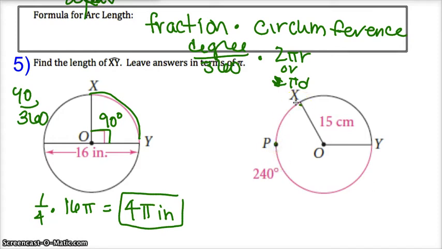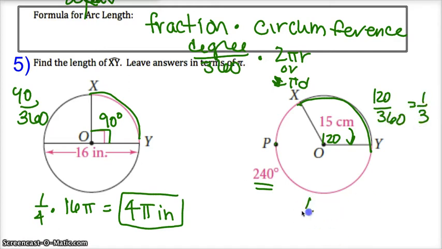The next one says find the length of XY. So that's this amount right here. If the pink part of the circle is 240, then the central angle here is 120. It's telling me the radius is 15. 120 degrees out of 360 is 1/3 of the circle.